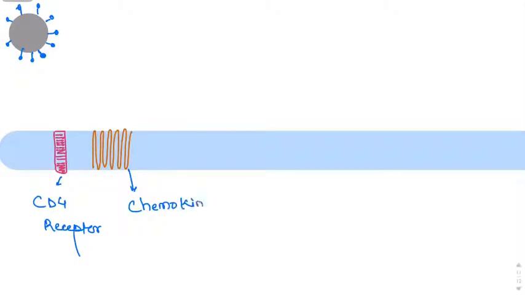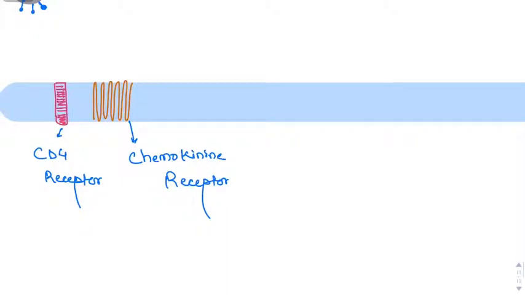There are two types of chemokine receptors. First is the CCR5, and second is the CXCR4. These are the two very important chemokine receptors.